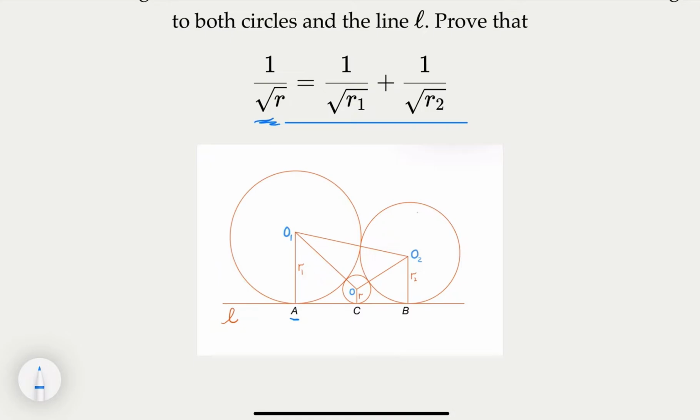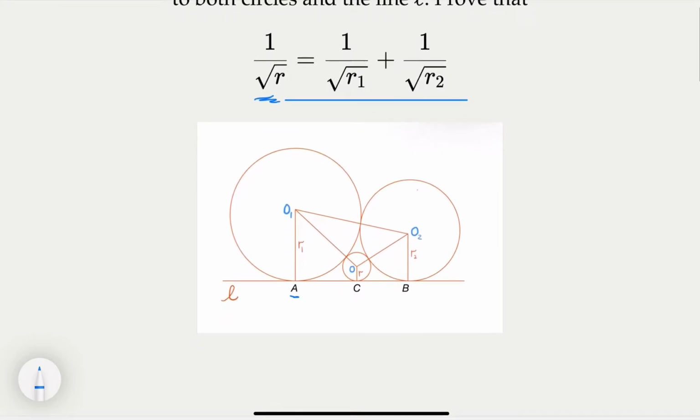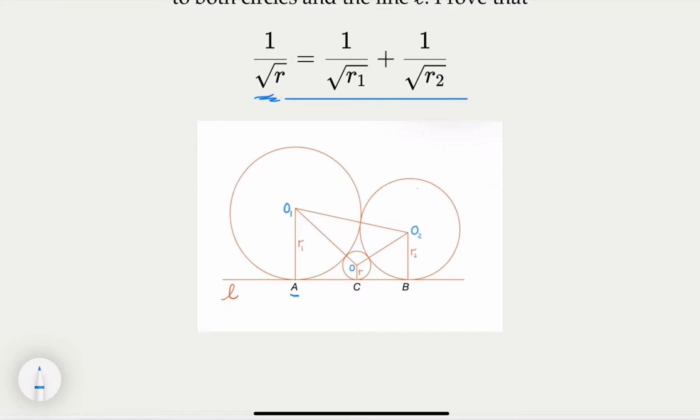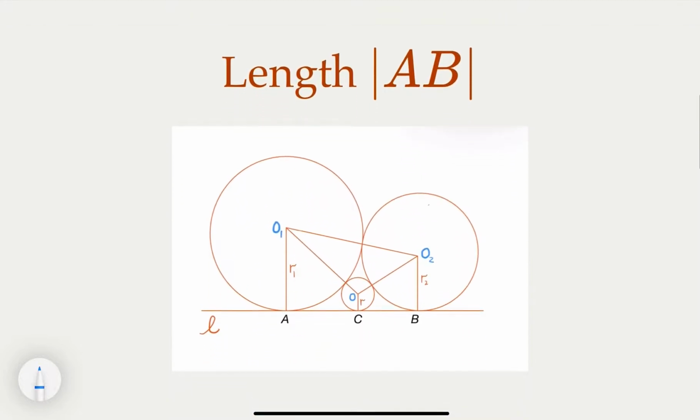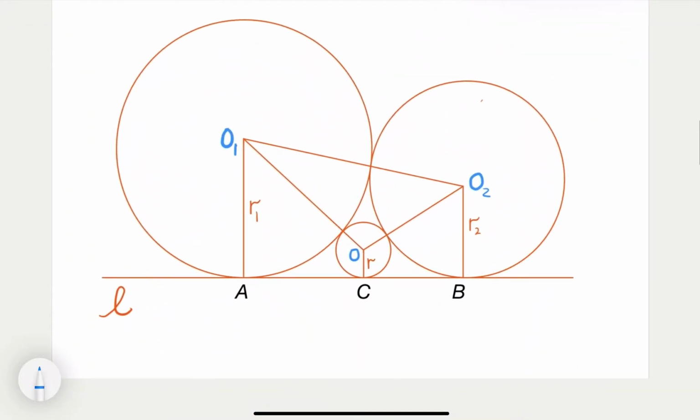All right, so one interesting fact here is, let's look at the length AB. Let's pay attention to the following shape here. This is the circle with radius R2, and here this is R1.